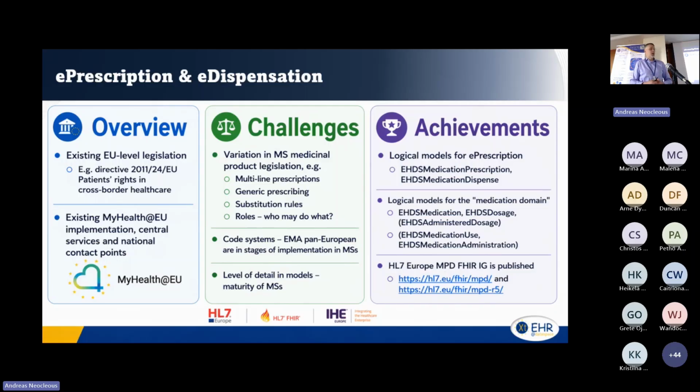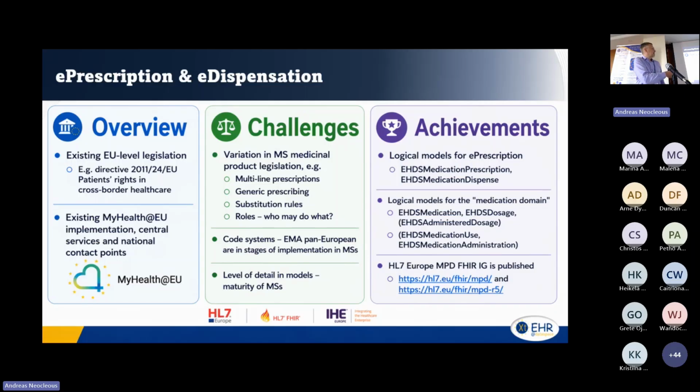And then we also participated in supporting some models which related to medication, but were not part of ePrescription and eDispensation, that were used in test results, imaging, and the patient summary and discharge report.